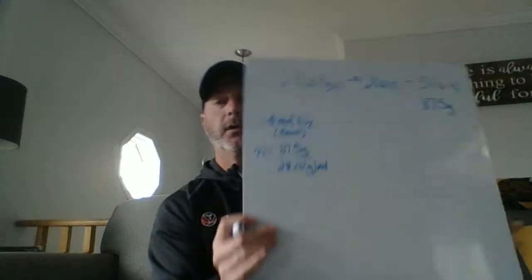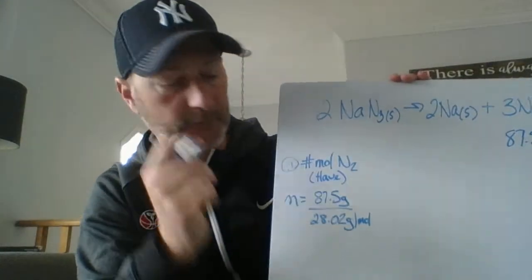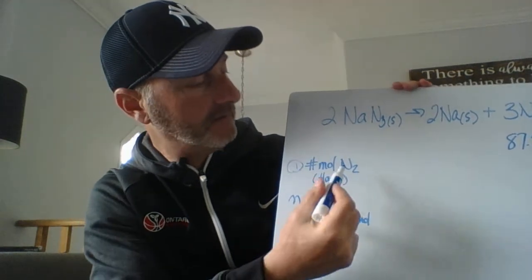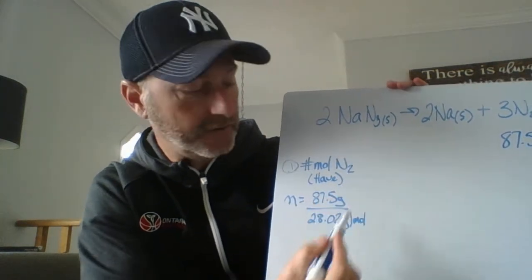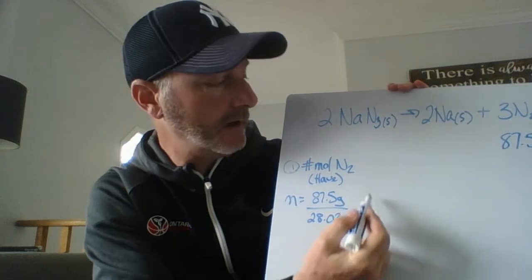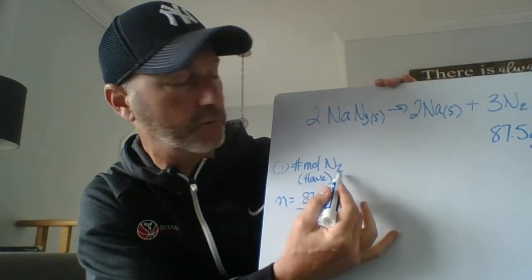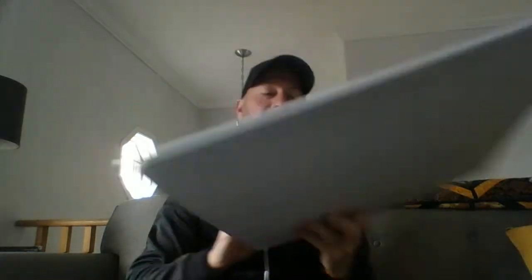We're going to be careful, because people make mistakes sometimes. The molar mass is of N2, nitrogen gas, so it's not 14.01, it's 28.02, because there are two nitrogens in that substance. We do that division, our grams cancel out, and we end up with 3.1228 moles.